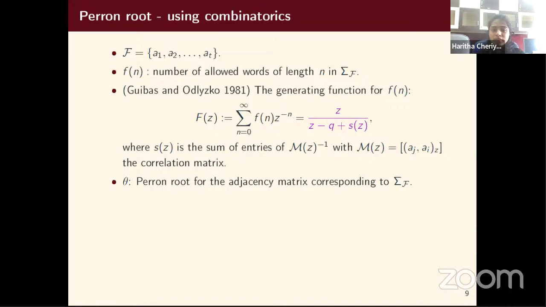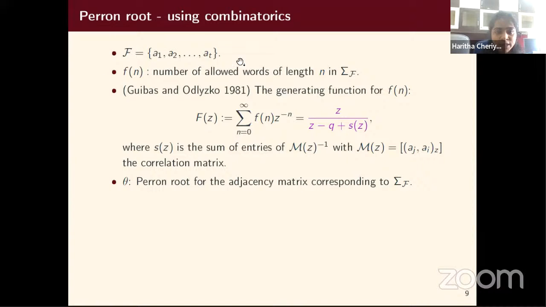Then Guibas and Odlyzko obtained an expression for this number f(n), in terms of the correlations between the forbidden words.